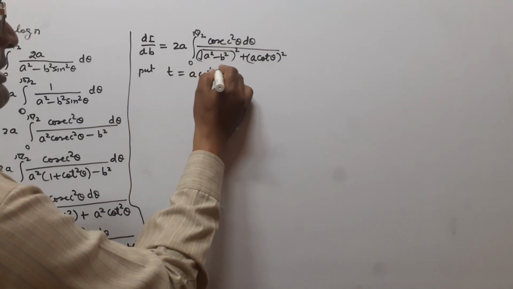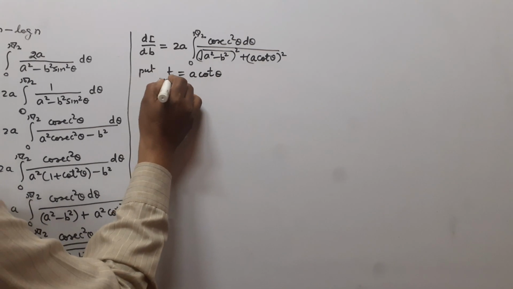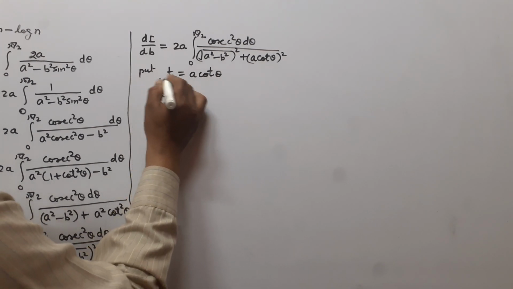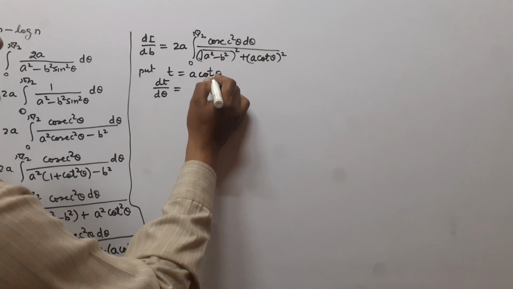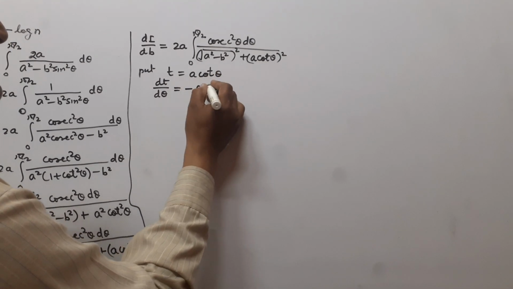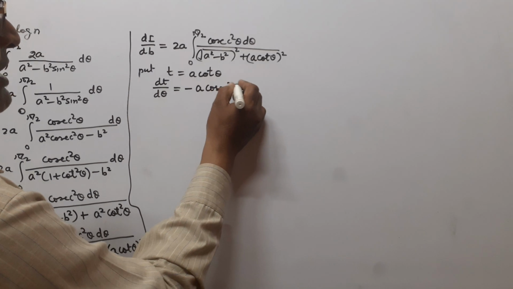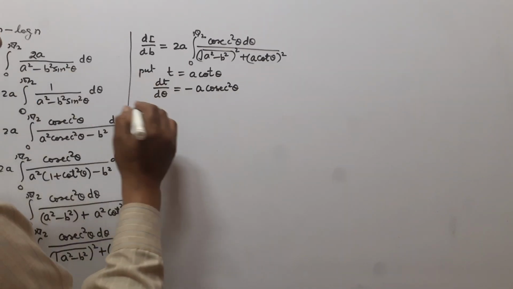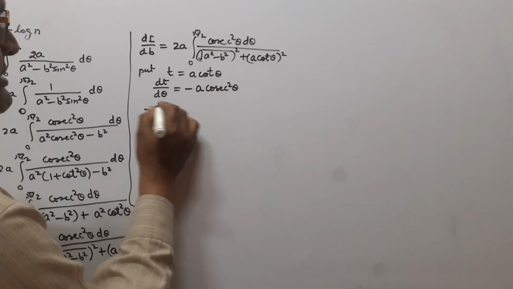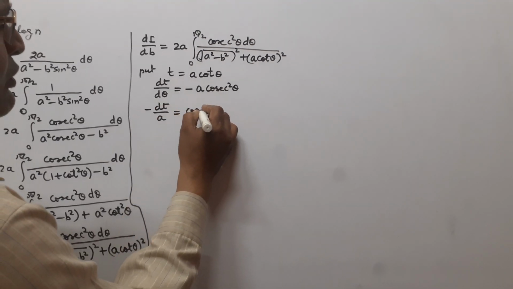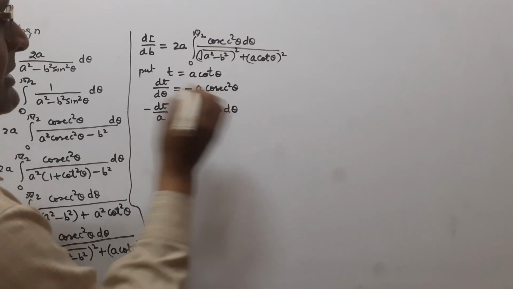Now we differentiate this with respect to theta, so dt upon d theta is equal to a, and we know that differentiation of cot theta with respect to theta is minus cosec square theta. So this can be written as minus dt upon a is equal to cosec square theta d theta.